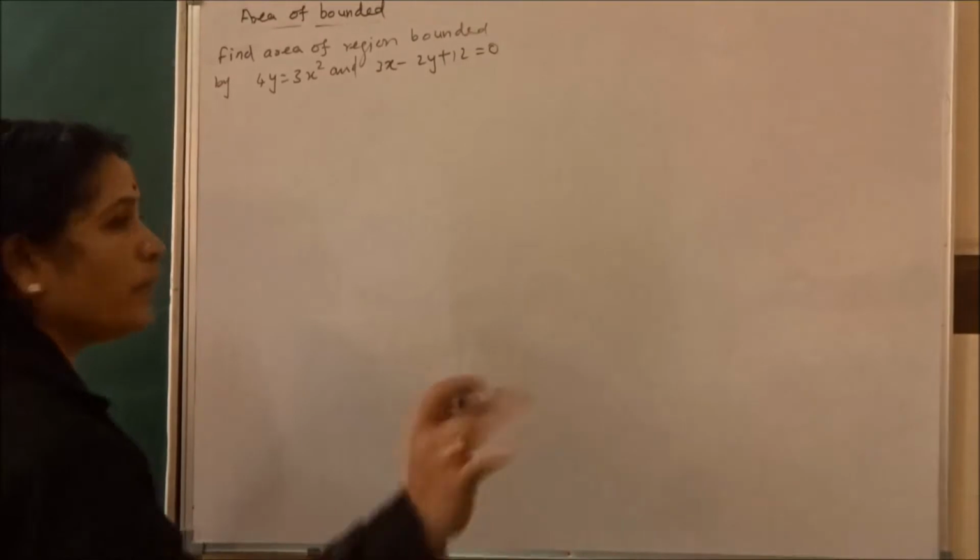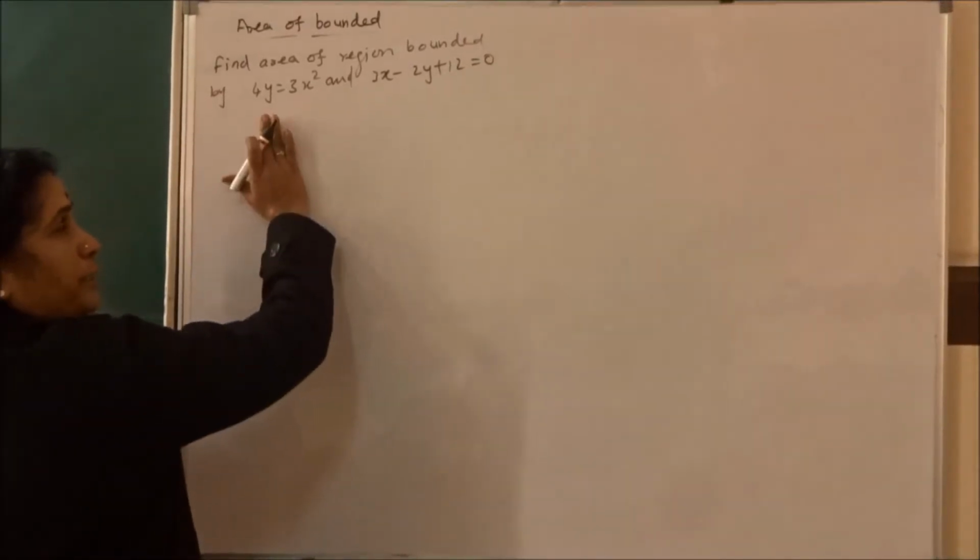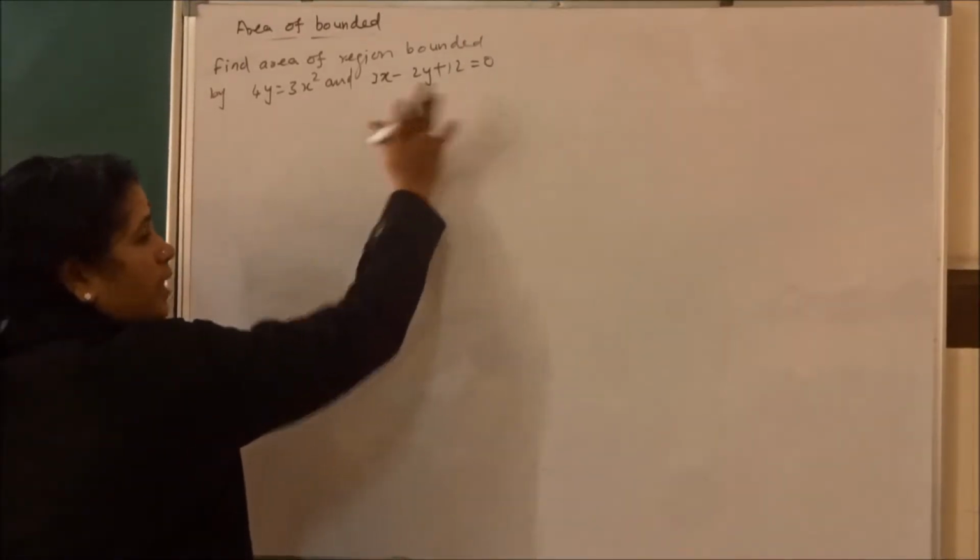Okay, fine. Now you can identify this is a parabola and this is a straight line.